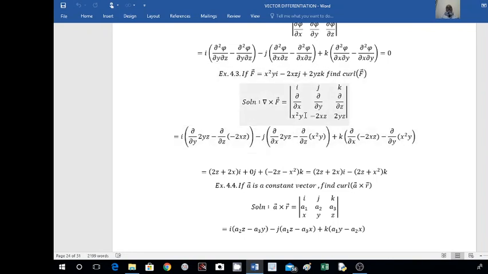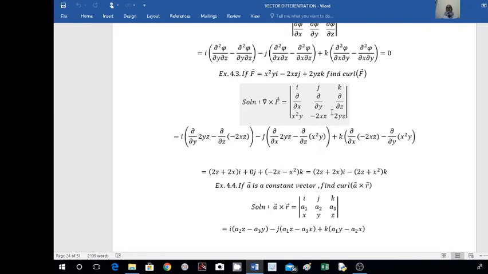So just expand this determinant, that is i into ∂/∂y of this, ∂/∂z of this. Directly you can go to this step here. No need to write this step, you can skip it. If it is simple, then directly you can come to this step, that is i into ∂/∂y of 2yz.